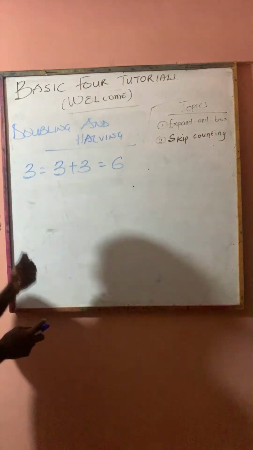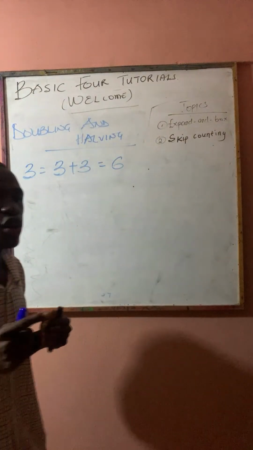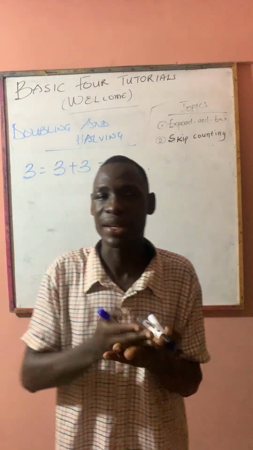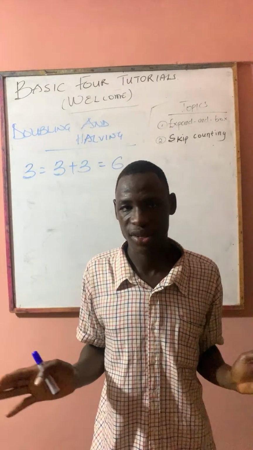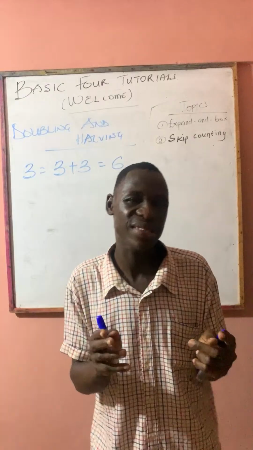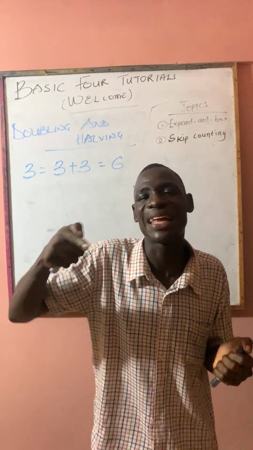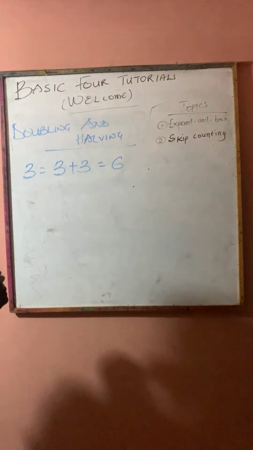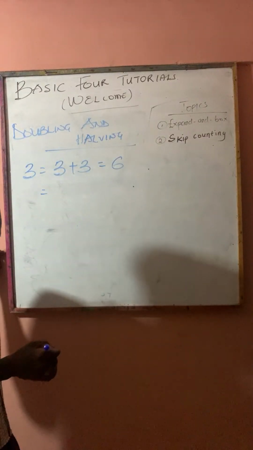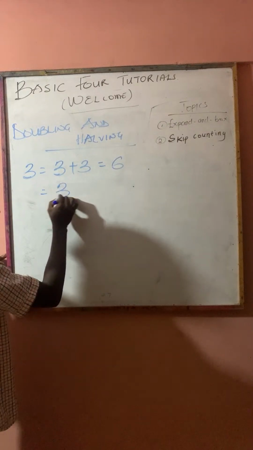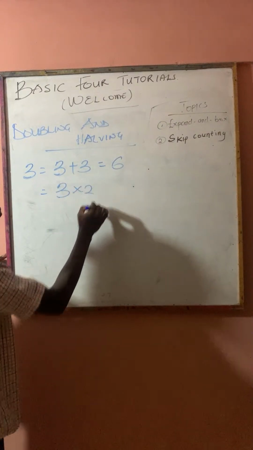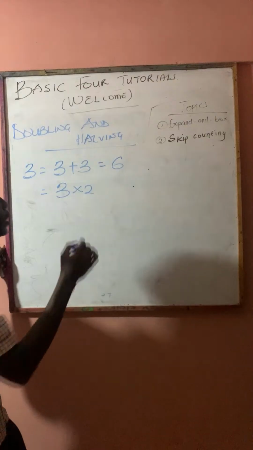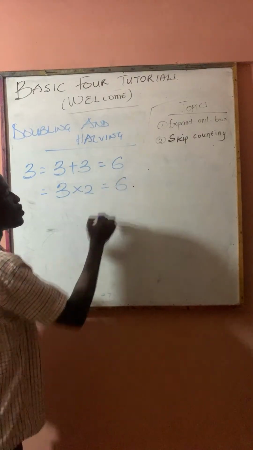And then another way you can double a number, it's not always to add. You can always add, it is very correct. But you can play it smart a bit by multiplying the number by 2. That will give us the same answer. If we want to double 3 again, we're going to use multiplication. We're going to get 3 times 2, and 3 times 2 is equal to 6.